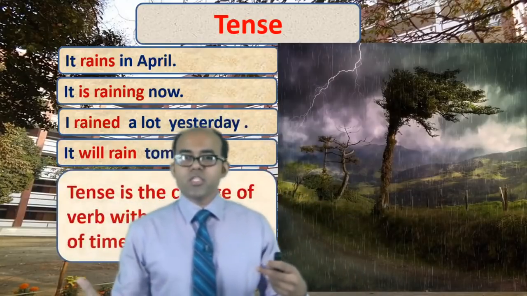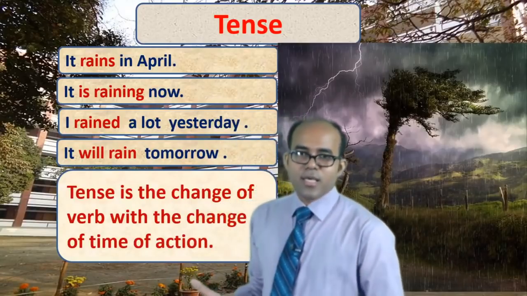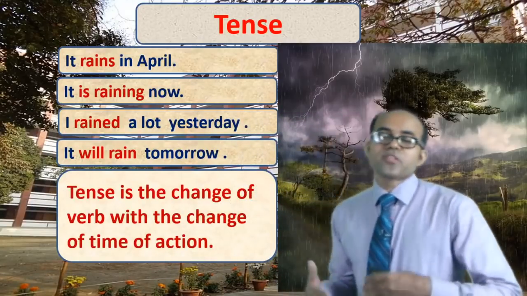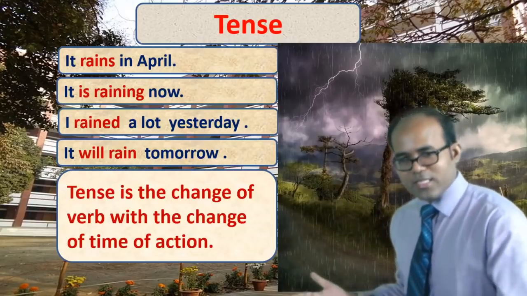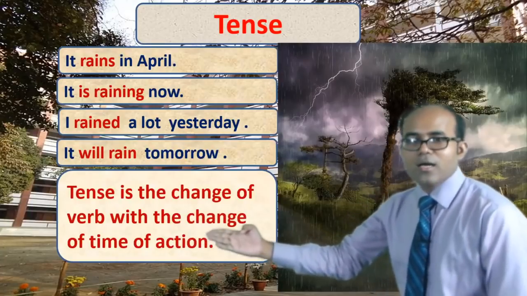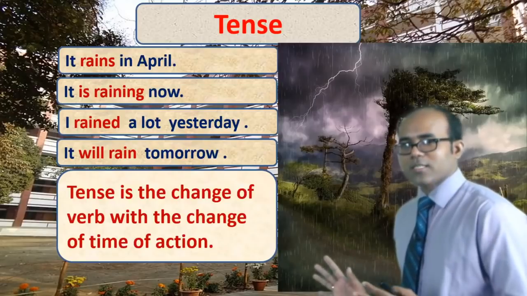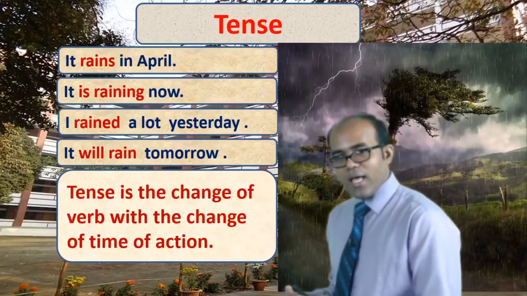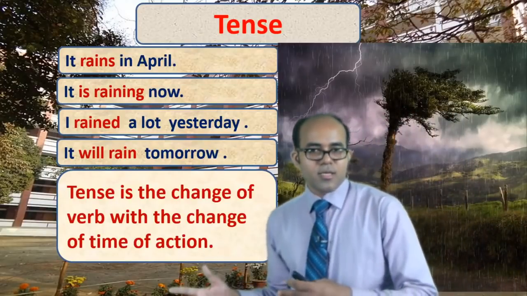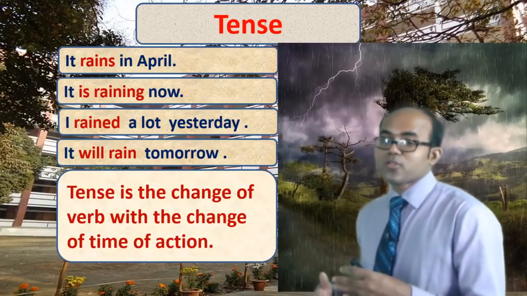You can say change of verb. I'm repeating, tense is the change of verb with the change of time of action. Dear learners, you see the definition. Tense is the change of verb with the change of time of action. So as soon as time changes, the tense of the verb also changes.